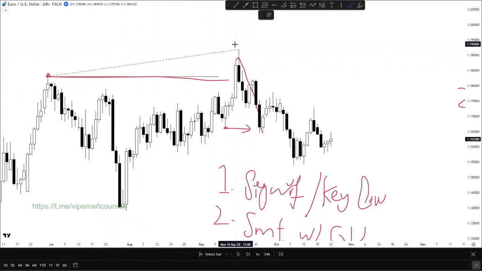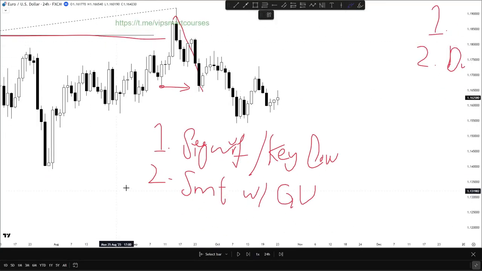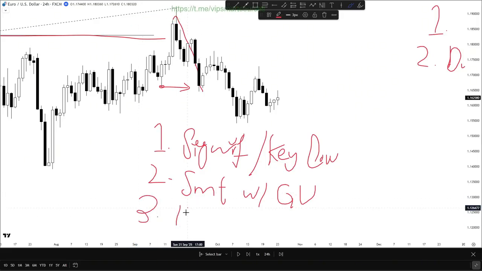So because of this divergence and because this low is a significant one, this structural shift was considered a valid one. Another major factor here is that we tested a high time frame key level.